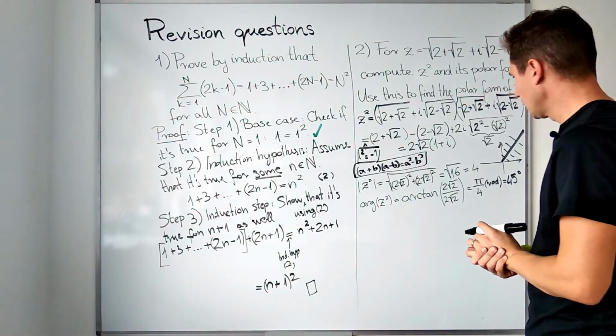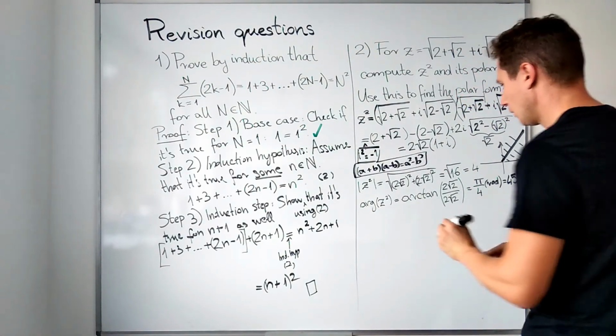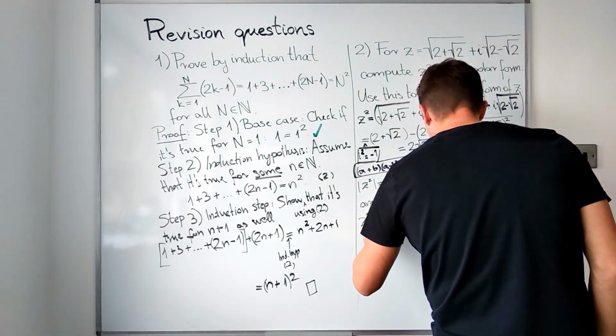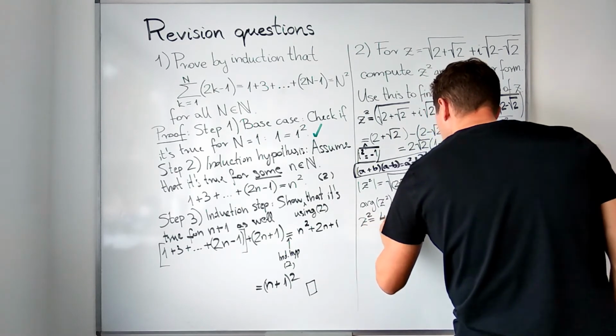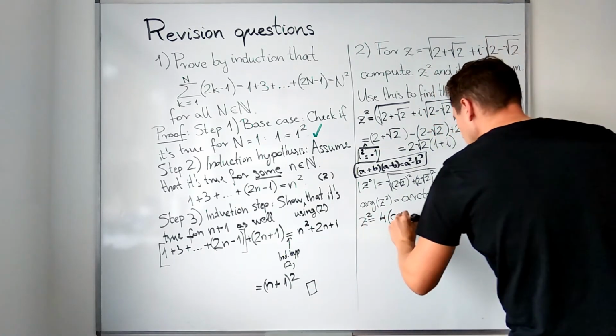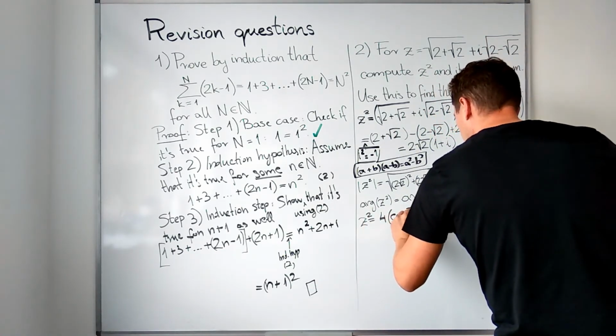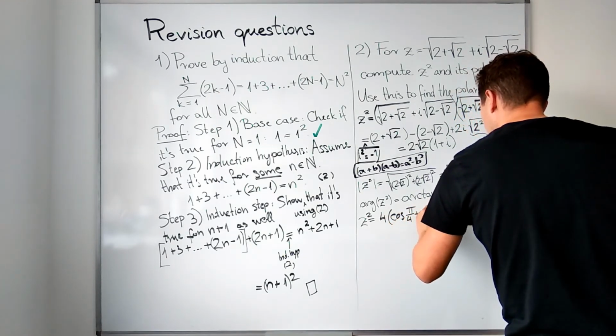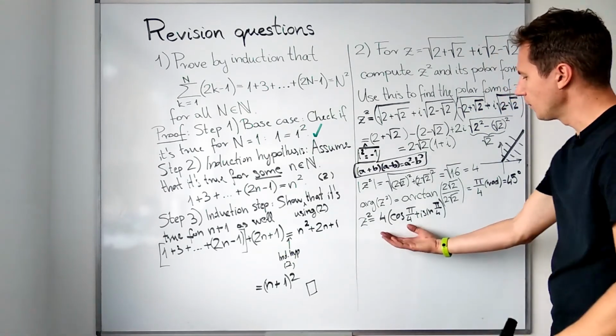Now next, what we need to do is just to put these things together into the polar form of z squared, which is then the modulus times the cosine of the argument plus i times the sine of the argument. So that's the polar form of z squared.